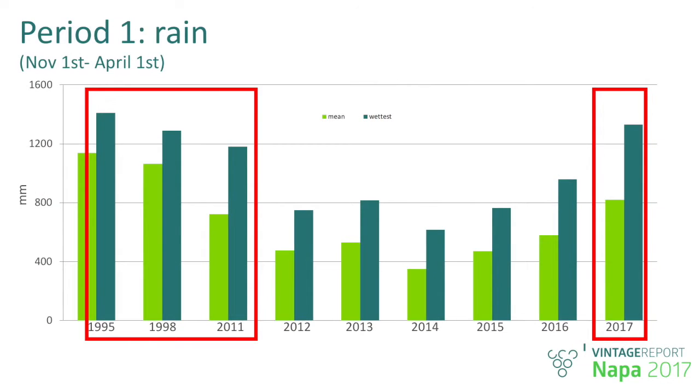So here, if we look in green at the mean, you see that, yes, for sure, 2017 has been a high water supply during the winter, but you see that 95 and 98 were not so far off. And interestingly, you see that there is a wide scattering of maximal amount of winter rain going from 800 millimeter on average up to 1200 millimeter, which is really then looking at the most extreme amount of water we got.